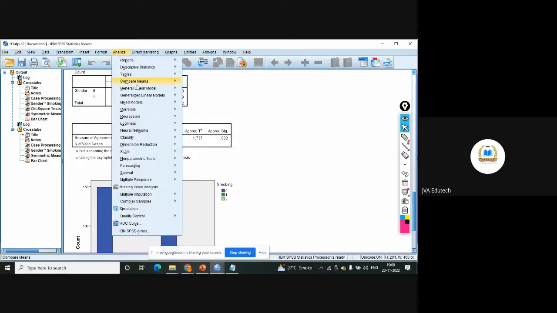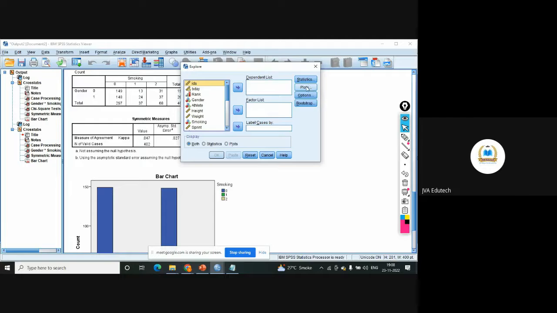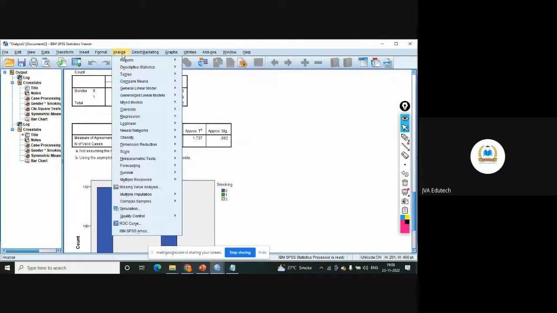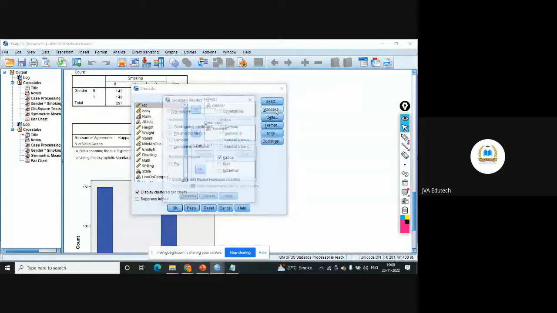Similarly, if you have ordinal variables, which is again a categorical variable, and you want to test their reliability, let's say you have ranks, then again in the same, let me use the recall button, cross tabs, statistics.